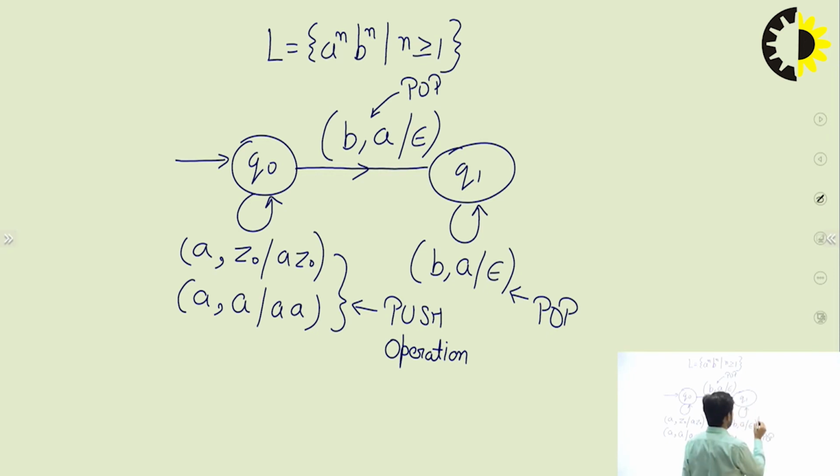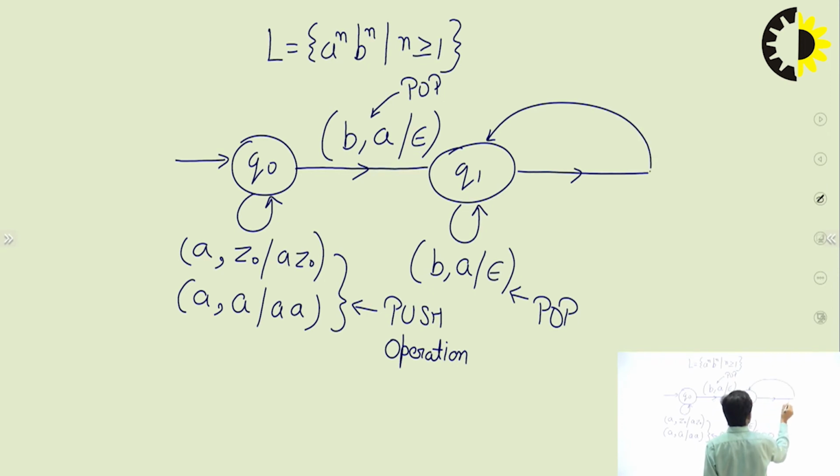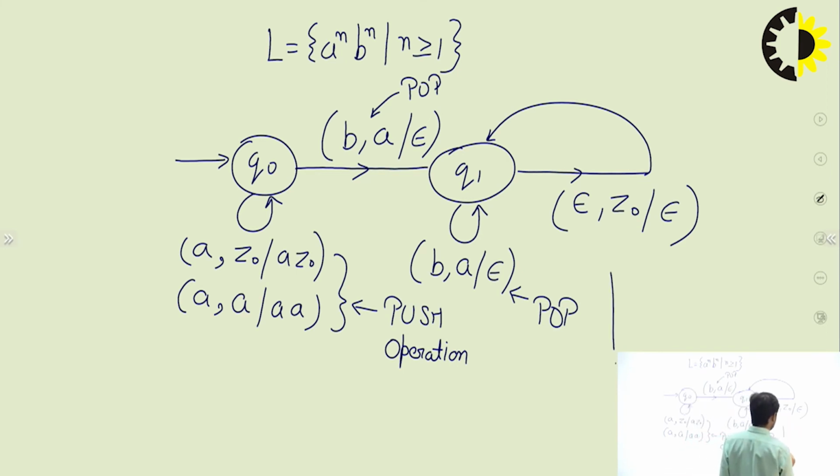Now when A and B all are over, when input is epsilon and top of the stack is Z node, we pop the Z node also. Z node is there, input is epsilon, we pop the Z node.